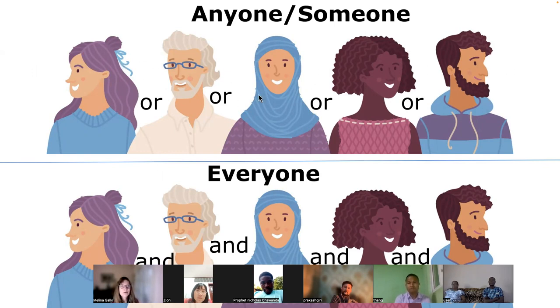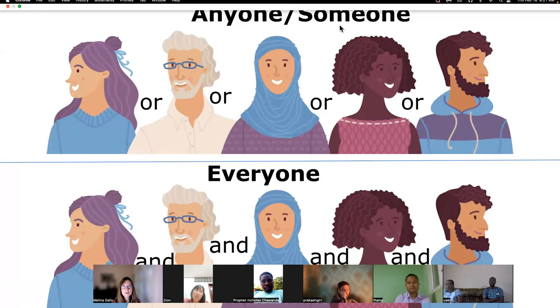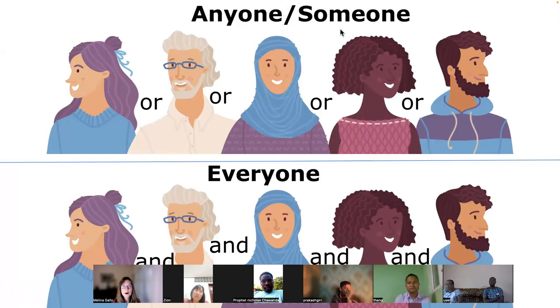Or we use the word or between them to show that it could be any one of those, or someone, as opposed to everyone, which is her and him and her and him and her and him. It's everyone, it's all the people in the group. So everyone is inclusive. It's all the people in the group. And anyone or someone just means one of a group of people.